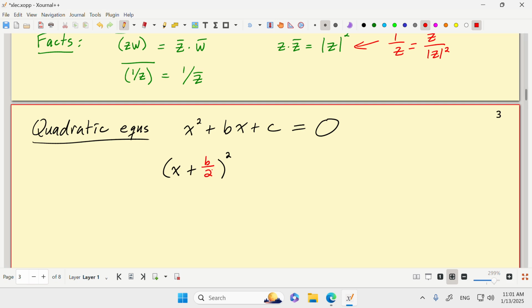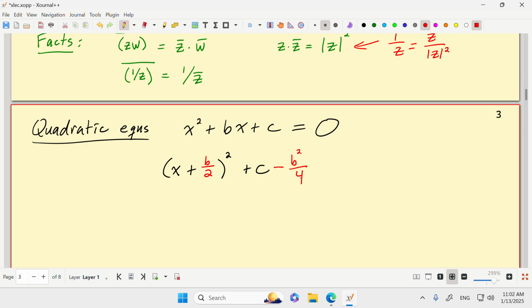That would give me x squared plus 2 times b over 2 times x. That would give me the bx part. And then I'd get plus b squared over 4. And that kind of messes things up. So what I have here is a plus c. And to stop from messing that up, I would have to subtract b squared over 4. Now I haven't changed anything.